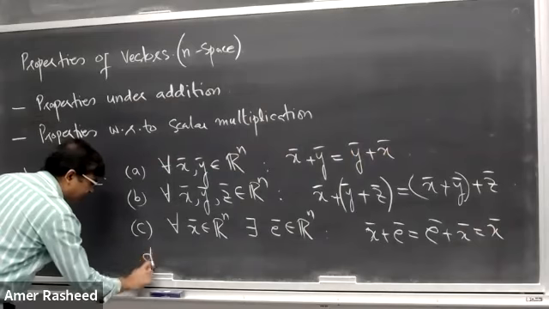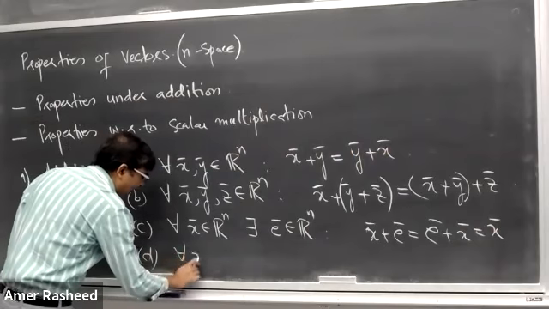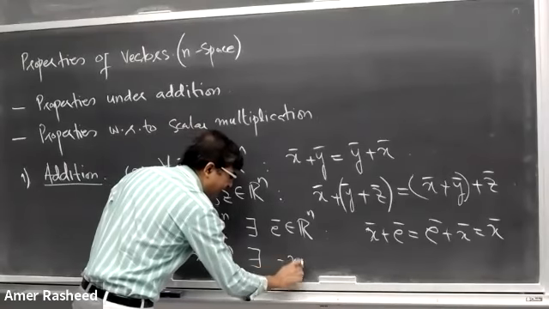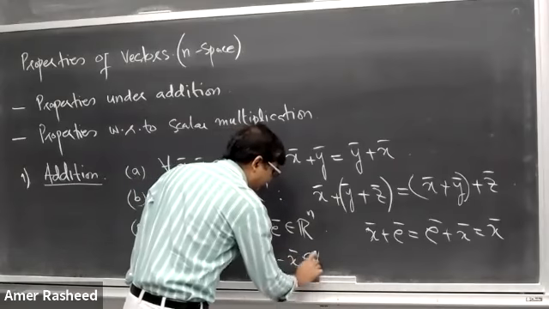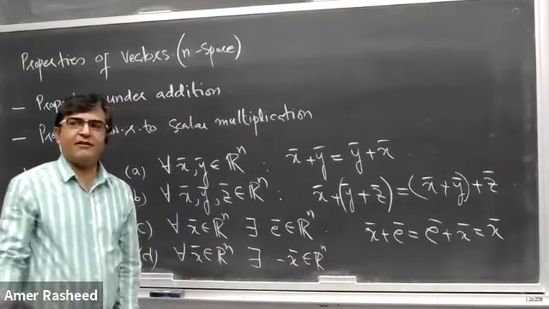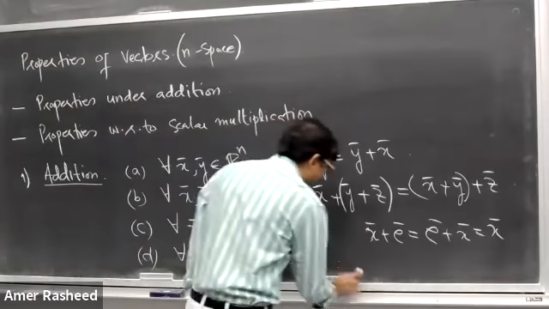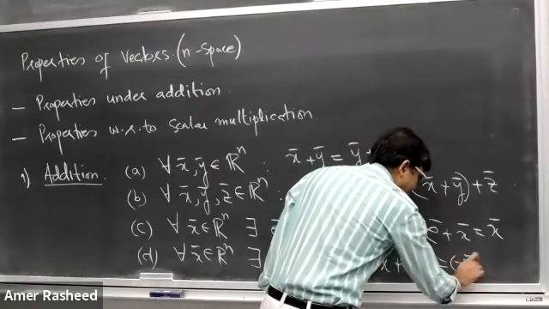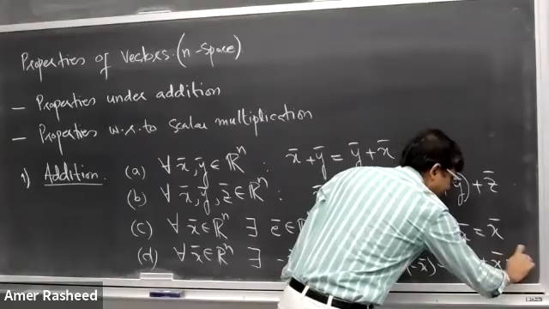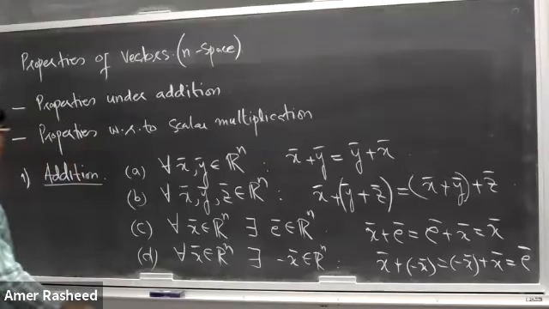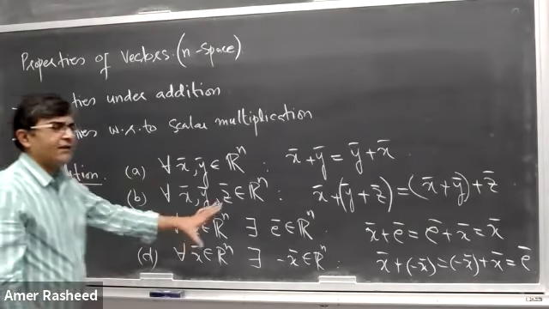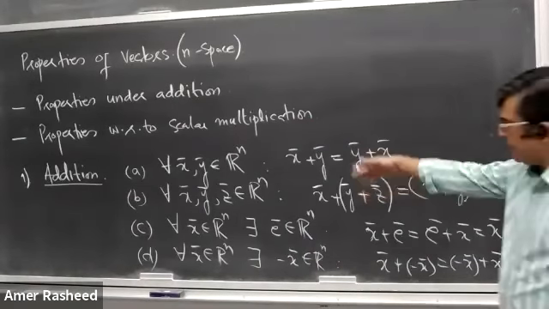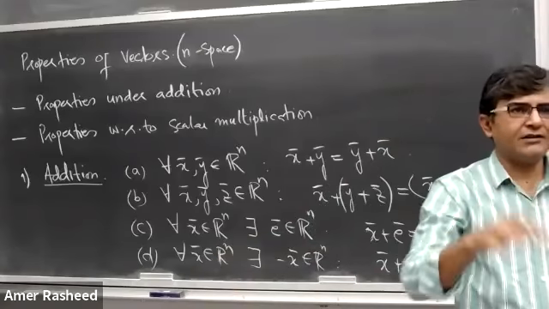And D was inverse element: for all x belongs to Rn, there exists negative x belongs to Rn. Negative x is basically the additive inverse of x, such that x plus negative x is equal to negative x plus x is equal to identity. These were the properties we discussed in the previous lecture. These are all the properties of vectors with respect to addition, because in all these properties, addition of two vectors or three vectors is involved.